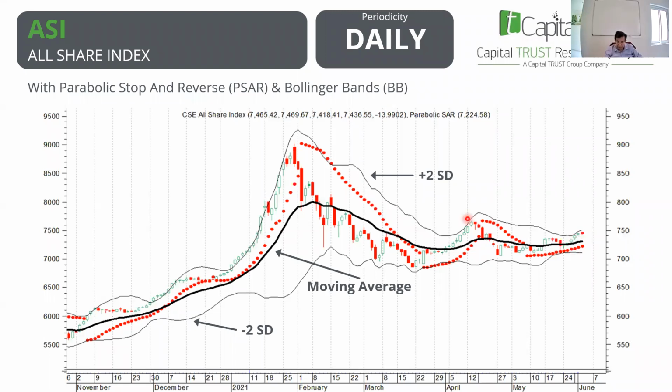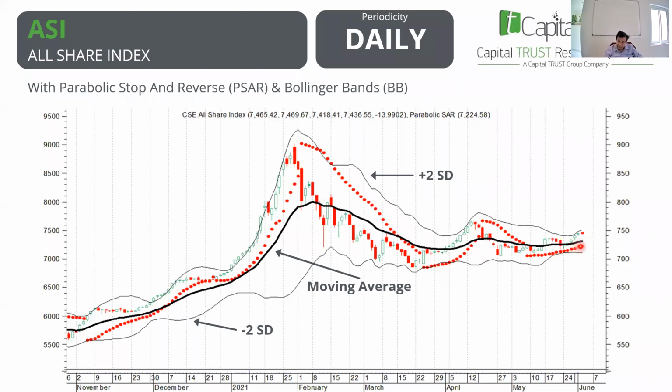Right, so we understand that this is plus 2D from this line, and this is minus 2D from this line. The lower line is minus 2D, and the upper line is plus 2D from this black line here, the long-term moving average.